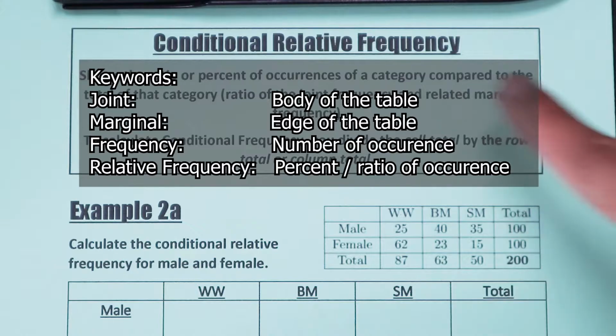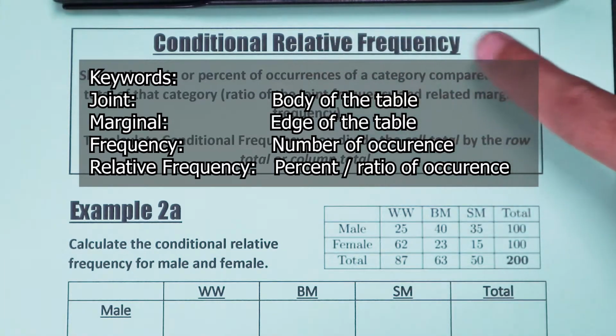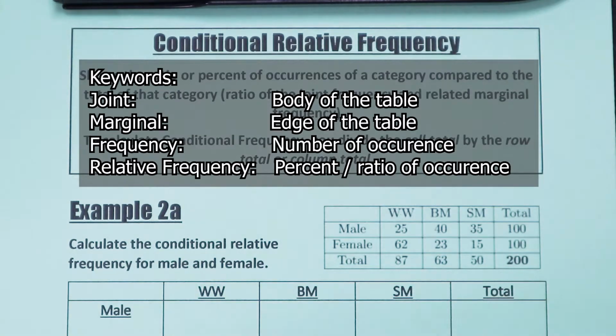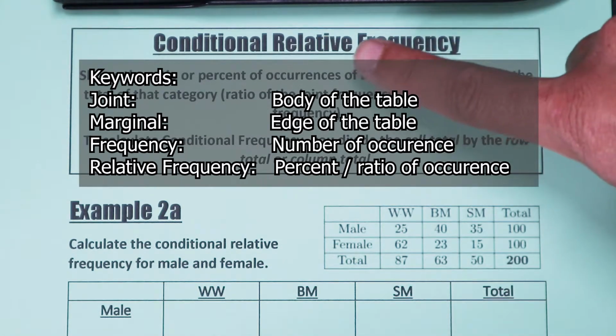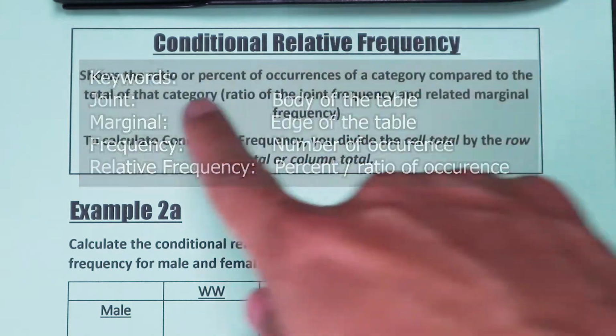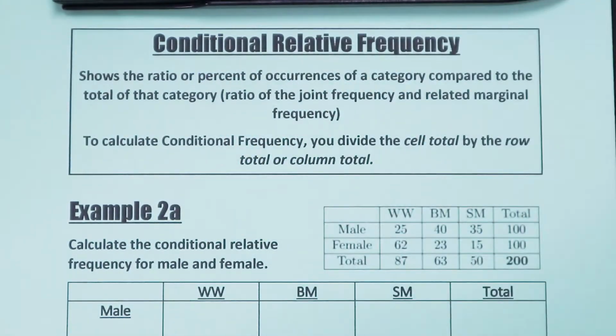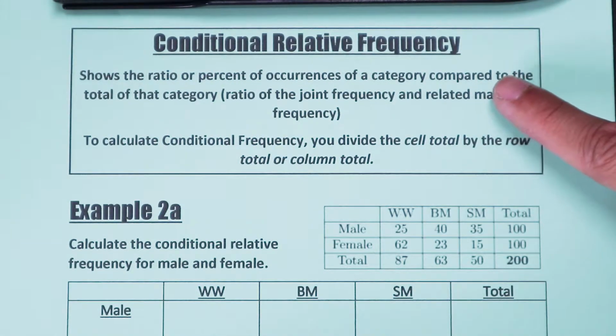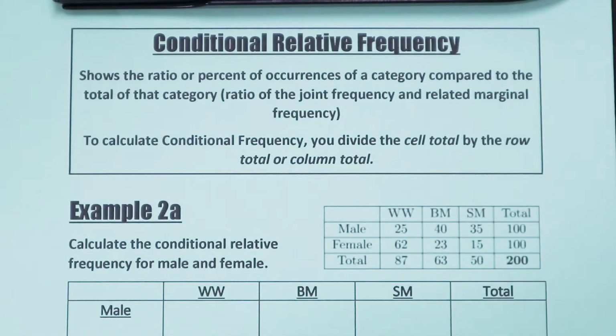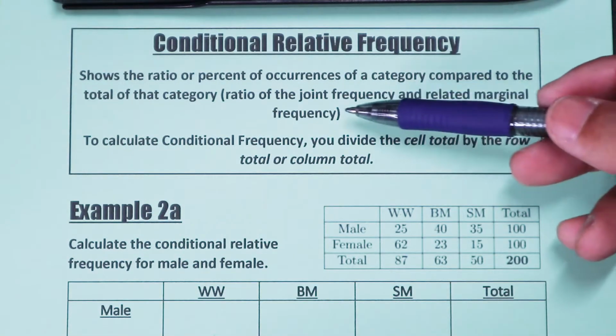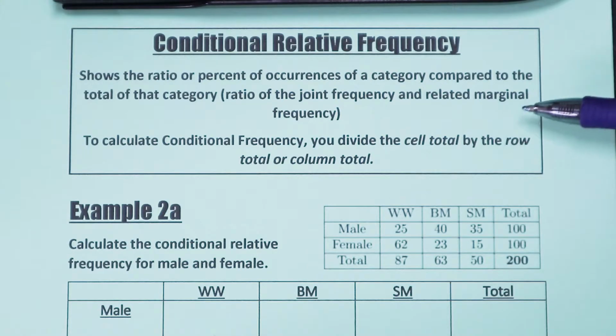However, when you put the word relative in front, it becomes relative frequency, and that's not the number of occurrences. Relative frequency is the ratio or percent of occurrence of a category compared to the total of that category. So it's the ratio of the joint frequency and the related marginal frequency.